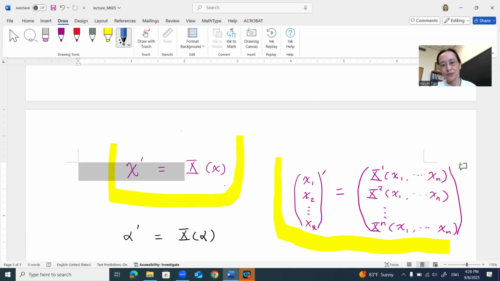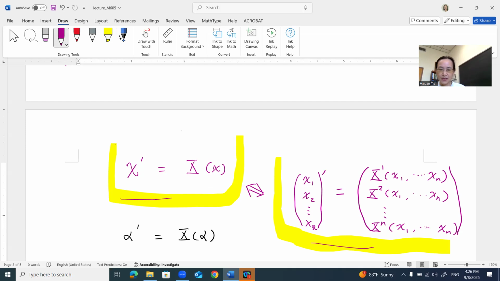So you see the two forms, they are equivalent because one is just simply written as the name of the vector, right? This is the one form. The other is the component form of the same system. So they are the same. The only difference is the format.